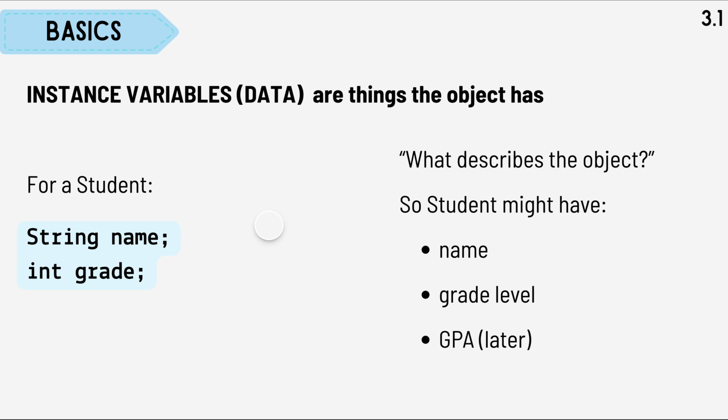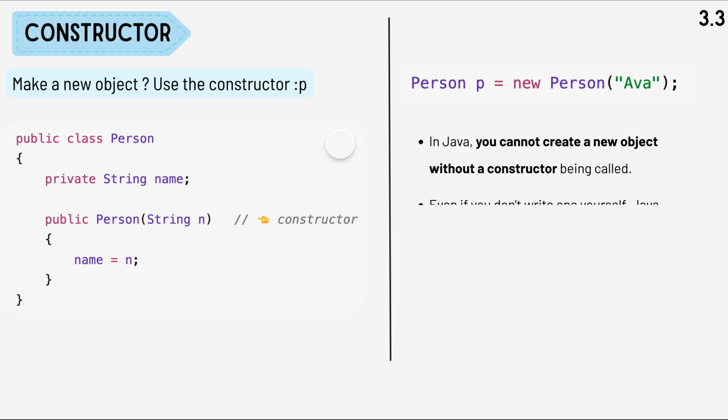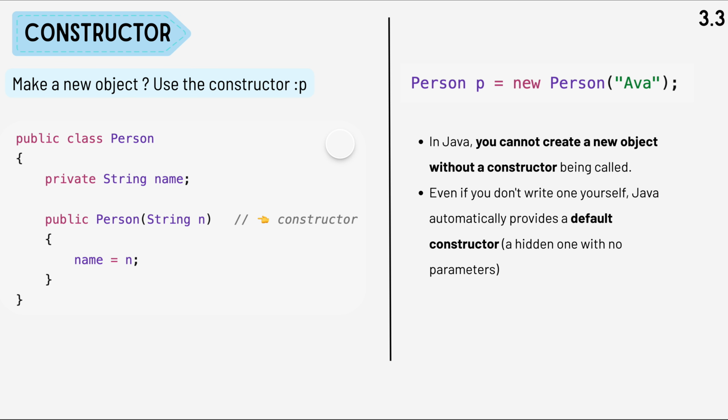Now instance variables are the things that an object can have, like a string name or string grade. And a constructor is what actually makes the object, because an object is made through a constructor. So if I have public class Person and I have private String name, then I will have public Person(String n), taking the instance variable and assigning it to the argument that the user gave.